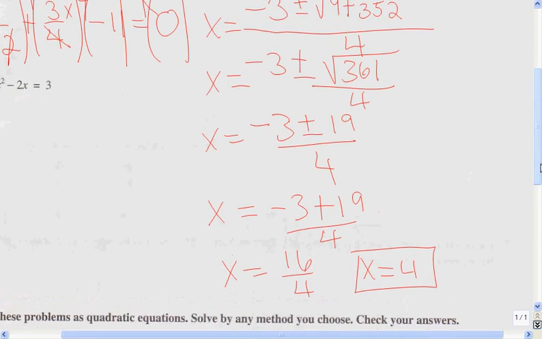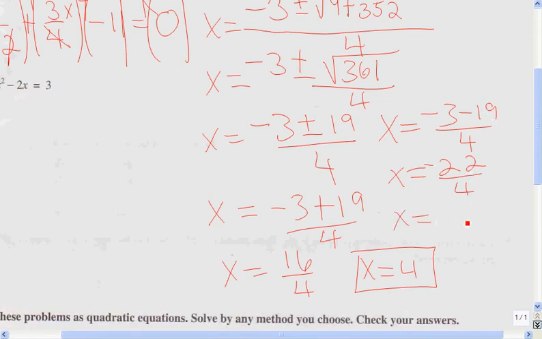Now I'm going to do the negative 19. So I get x equals negative 3 minus 19 over 4. x equals negative 22 over 4, because 3 plus 19 is 22. And 4 goes into 22 5 times, and our remainder is 2 over 4.